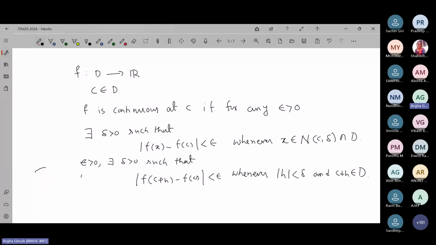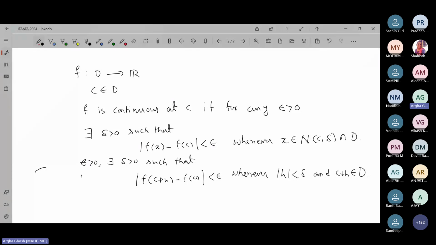All these neighborhoods are nothing but the epsilon neighborhood. In the first definition, for each neighborhood of f(c), we have a neighborhood of c. So for each epsilon neighborhood of f(c), we are getting a delta neighborhood of c. Now you can clearly see some very simple facts.